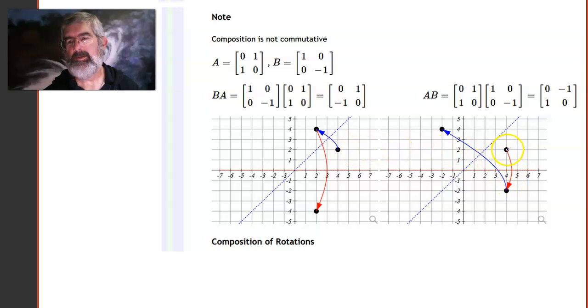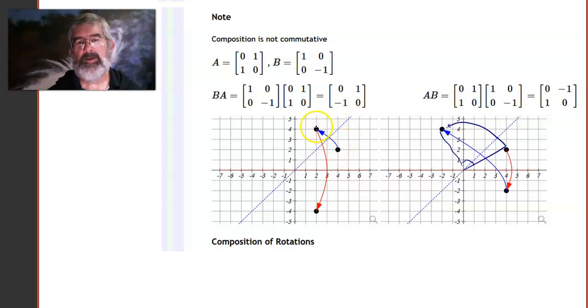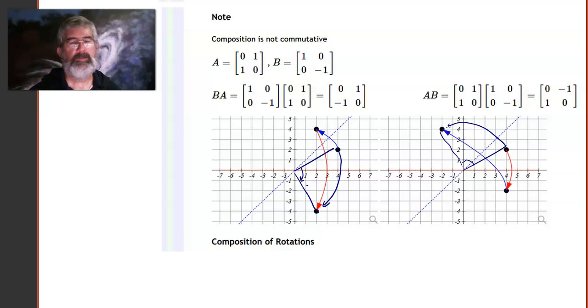Notice in this order, when I do the red one first and then the blue one, this was a rotation that way through an angle of, that's a 90 degree, that's a right angle, so that was an angle of twice pi over 4, or pi over 2. Doing it the other way, the blue first and then the red, this was a rotation going that way through an angle of minus pi over 2, right?